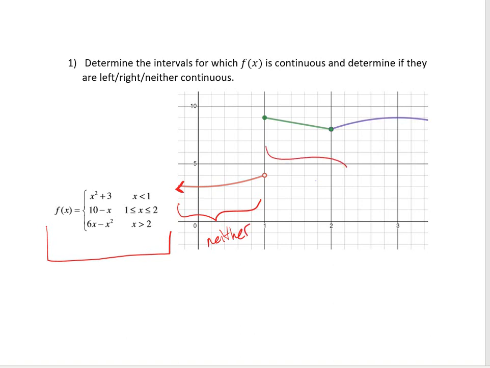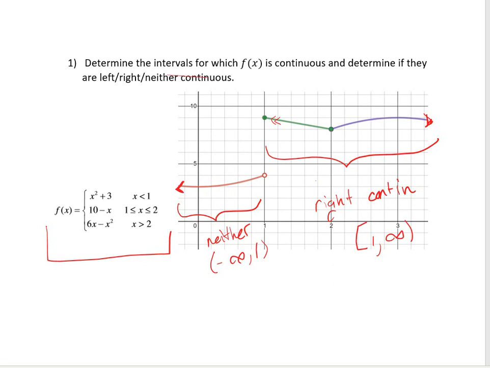This piece here, again, it's going to continue on that way forever. This piece is defined as I approach from the right, so this would be right continuous. Since it says for which intervals, it would be right continuous from 1 to infinity, and neither from negative infinity to 1.